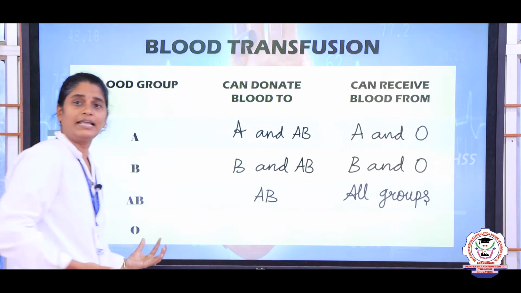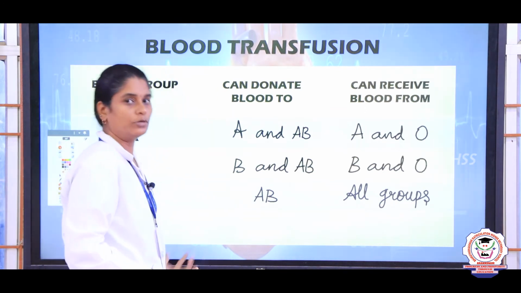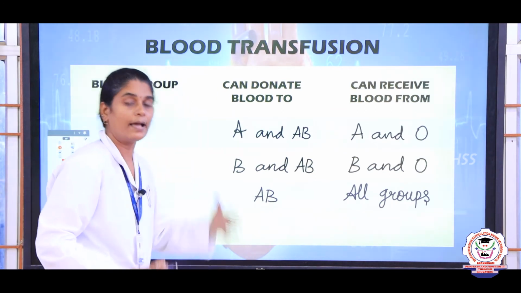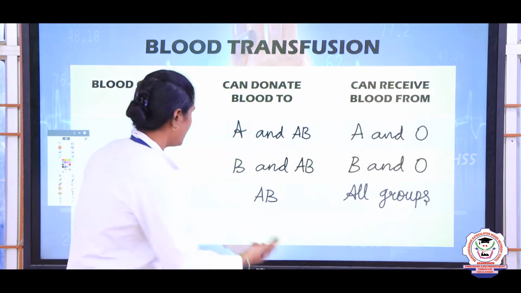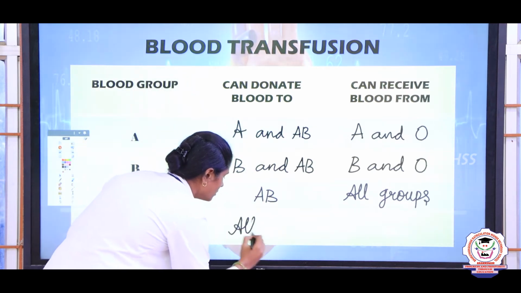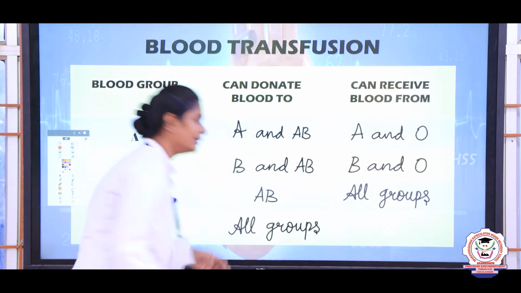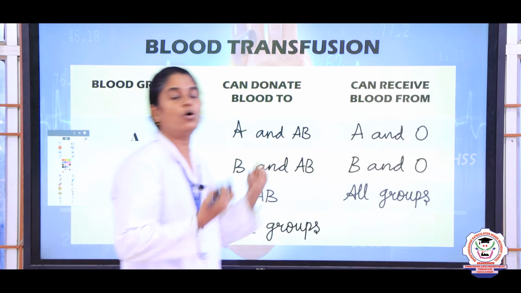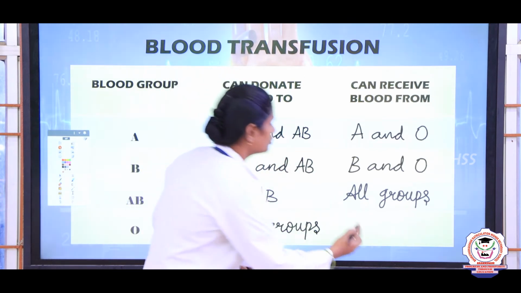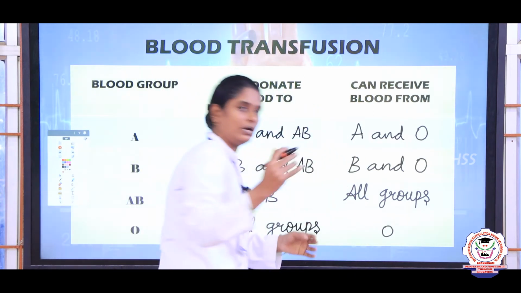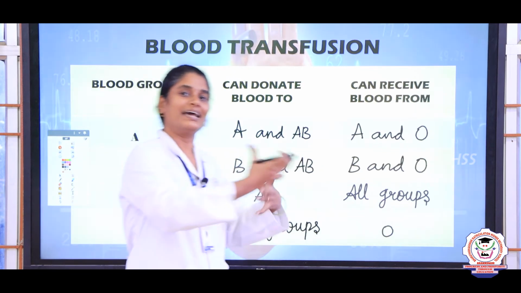Now, when we take the fourth type, the O blood group, the O blood group can donate blood to all groups, but he can receive blood only from the O blood group.